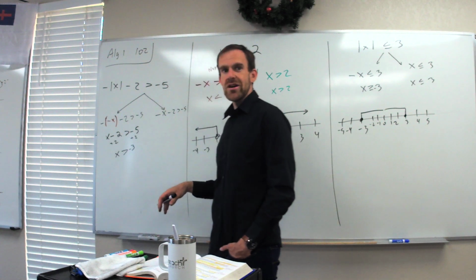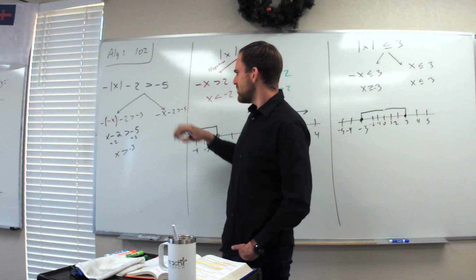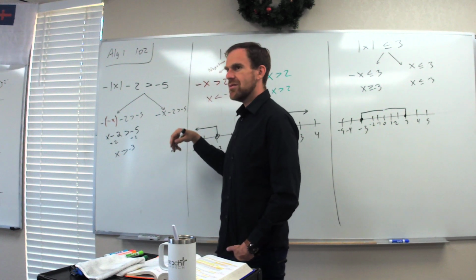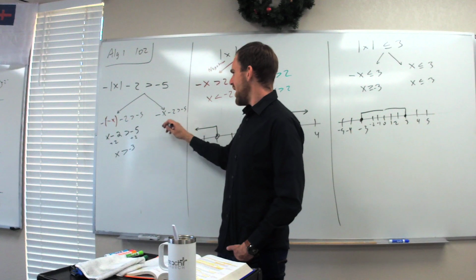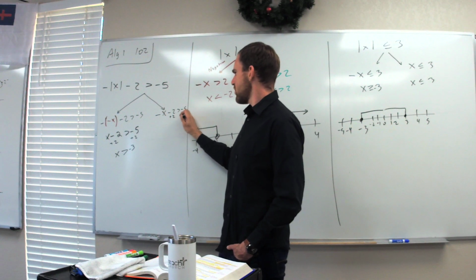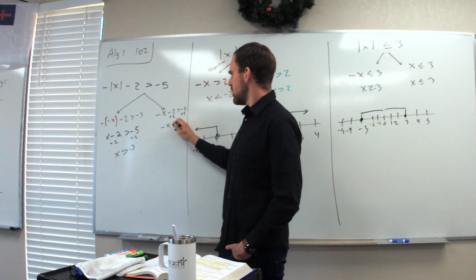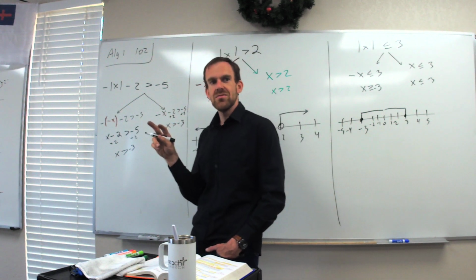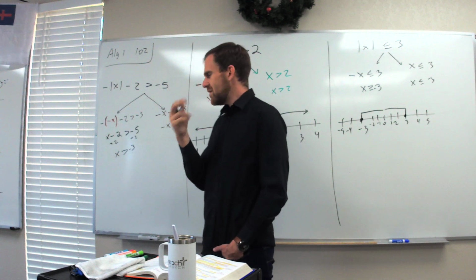And if I work on the other one, I have negative x minus 2 is greater than negative 5. So I will add the 2. So negative x is greater than negative 3. And now I must multiply both sides by a negative, which will flip the sign.